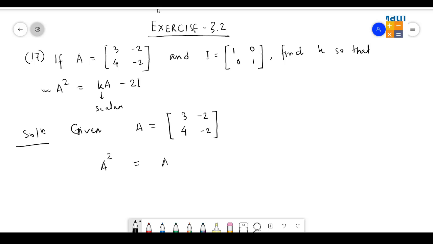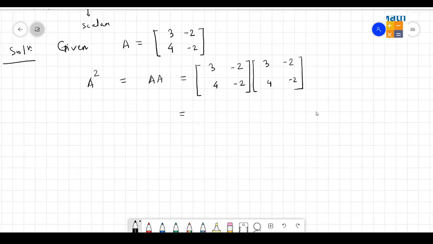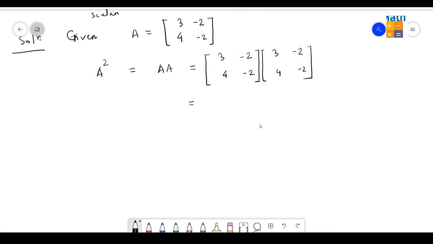A square is nothing but A into A. So put the respective values, 3 minus 2, then 4 minus 2 in place of A. Once again in place of A I'm going to put 3 minus 2, 4 minus 2. Of course we have to find out the product. All of us know how to find the product of two matrices.